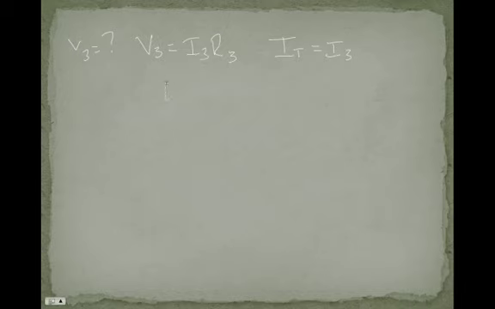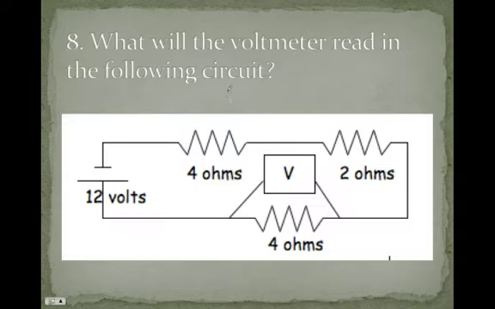So my total current here is equal to 12 volts over 10 ohms. It is equal to the total voltage divided by total resistance, which is a nice, even 1.2 amps. Now that 1.2 amps is flowing through each part. So again, my total resistance here is just 4 plus 4 plus 2. So that's where I got my 10 ohms.